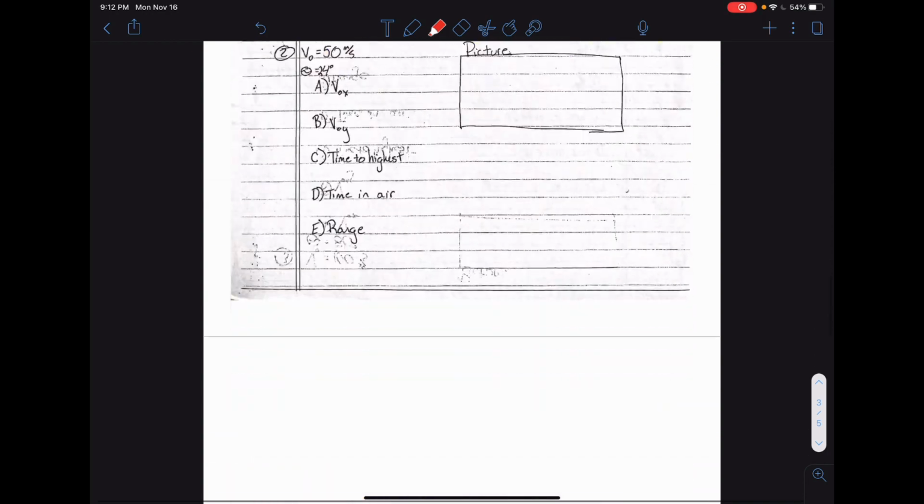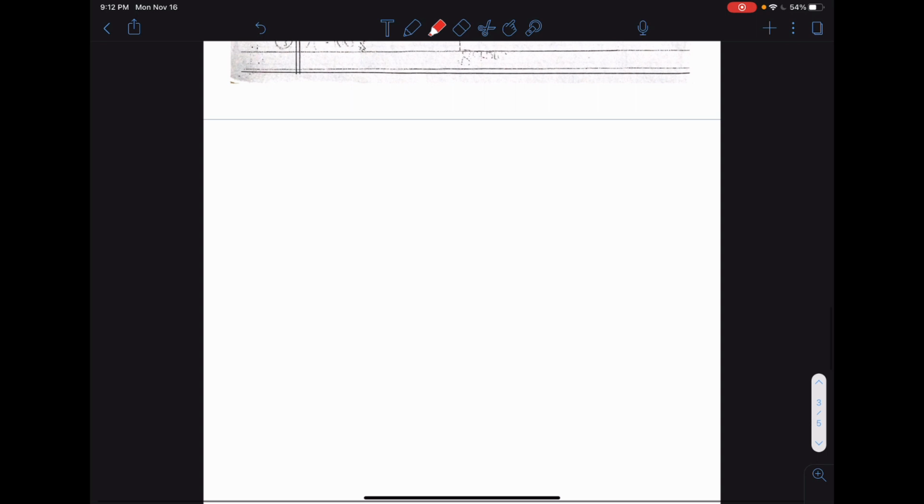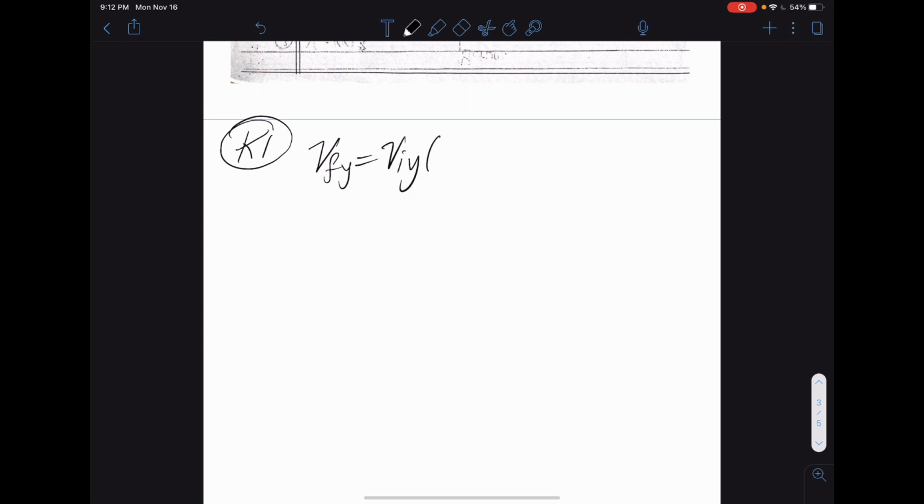Let's give it a shot, right? So if we solve for K1, let's start there. And we said VFY equals VIY plus, whoops, I'm writing K2.